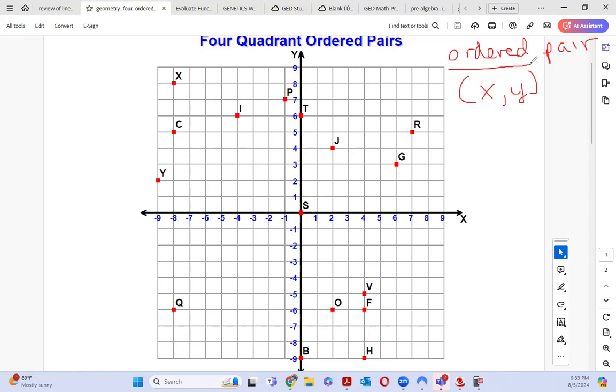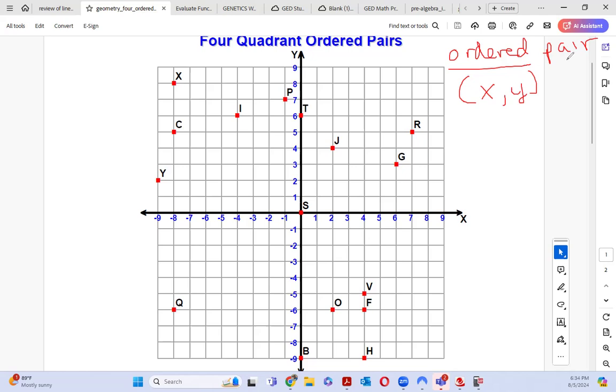In this case, they're talking about alphabetical order. If we talk about X and Y, which letter comes first? The X. So this is why X comes first, then Y, because it's ordered. Everybody understand that?